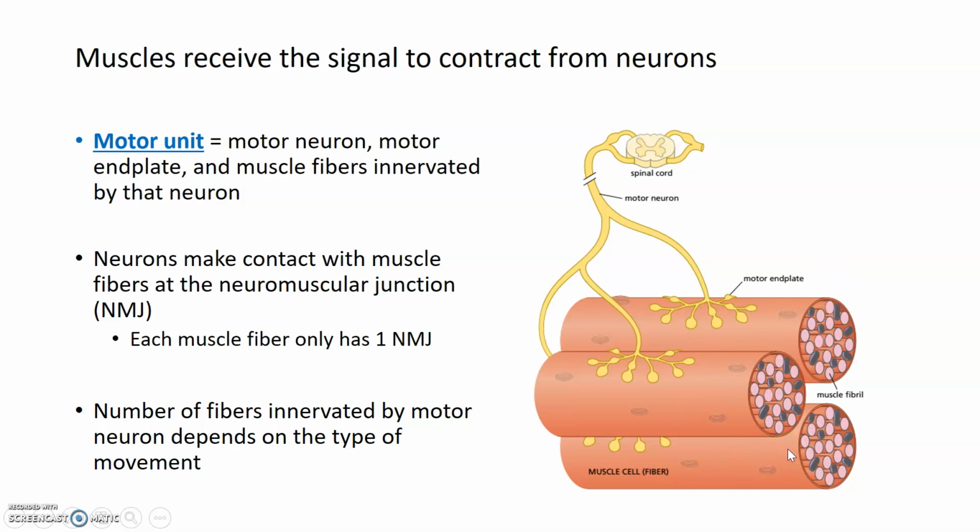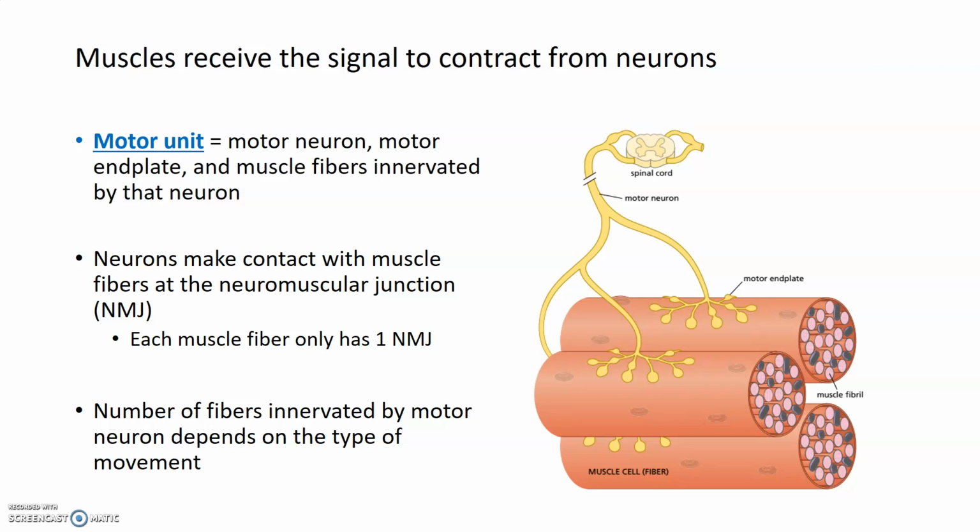And so each fiber can respond a little bit more carefully to a signal received from that neuron. Whereas a motor neuron that innervates thousands of muscle fibers might be controlling a gross movement, a large movement of your arm or leg, or something that would maintain your posture and stability. And that's because you're diluting that signal sent from a neuron into thousands of different cells, right? So they can't really respond quite as acutely and finely as they would if there were fewer cells innervated by that same motor neuron, right?